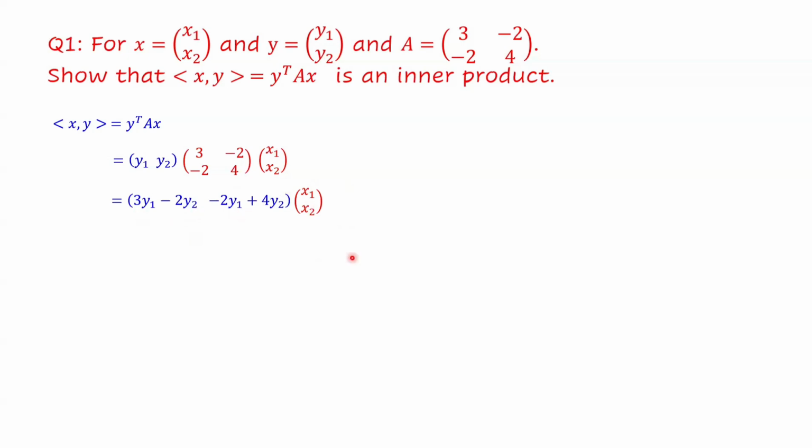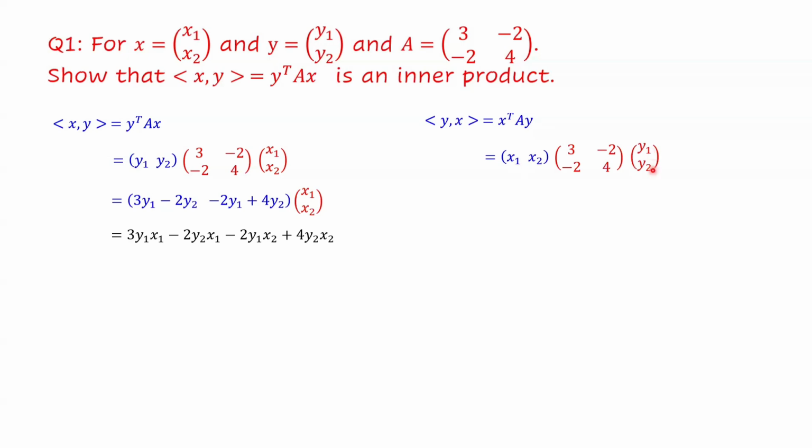Then we further multiply this, so we'll get 3y1 x1 minus 2y2 x1, and then minus 2y1 x2 plus 4y2 x2. Similarly, we calculate ⟨y, x⟩, which is x transpose A y, where x transpose is x1, x2, A is the matrix, and y is y1, y2. If we multiply this, we'll get 3x1 minus 2x2, and minus 2x1 plus 4x2, and then y1, y2.